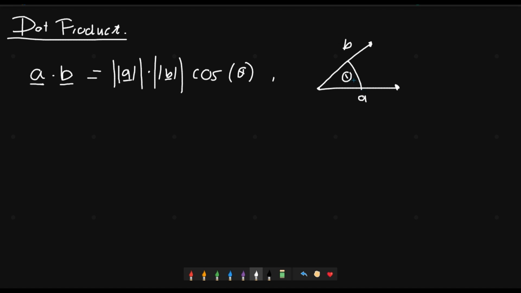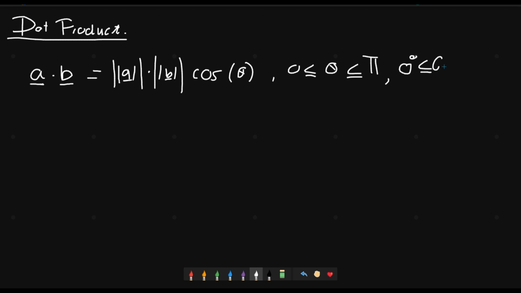And theta, our angle, is always between 0 and pi, including 0 and including pi. Or if you want to use degrees, it's between 0 degrees and 180 degrees, including both.